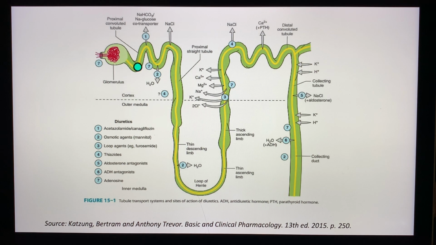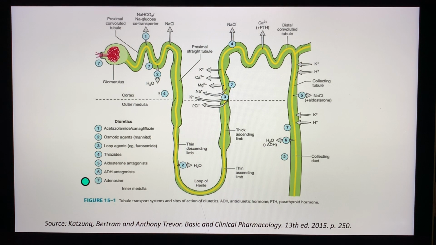We have the proximal convoluted tubules, the proximal straight tubules. So just remember the proximal tubules. We have the loop of Henle. This is the thin descending. This is the thick ascending. Then we have the distal convoluted tubules. And lastly, we have the collecting ducts.